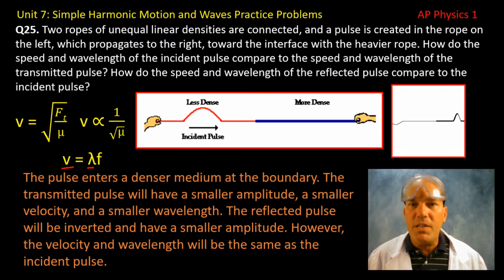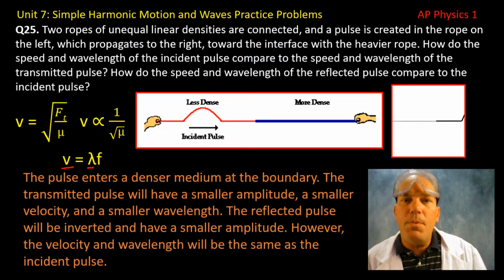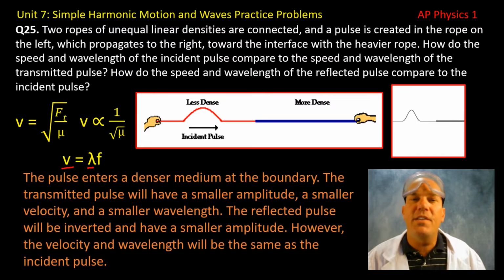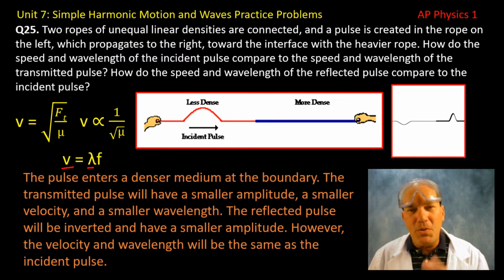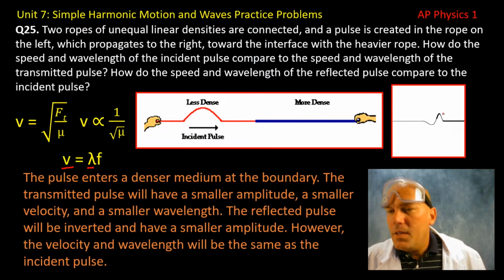Now, the sum of those energies are the same. So not only do we see the reflected pulse amplitude decrease, we also see the transmitted pulse amplitude decrease as well. Okay? Now, velocity decreased.